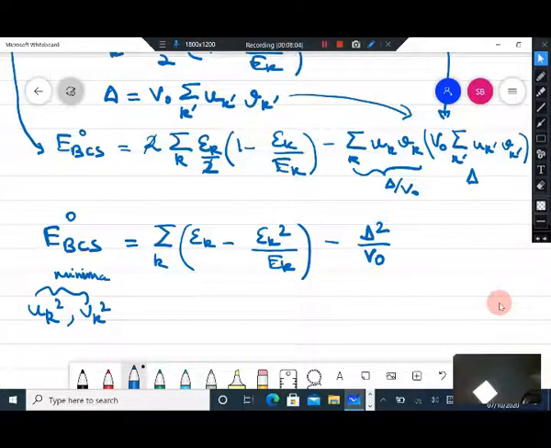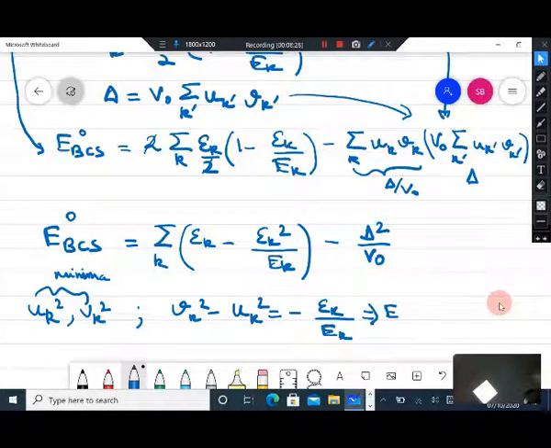using the minima conditions of Uk square, those values, if you recall that Vk square minus Uk square is equal to minus Ek by capital Ek.